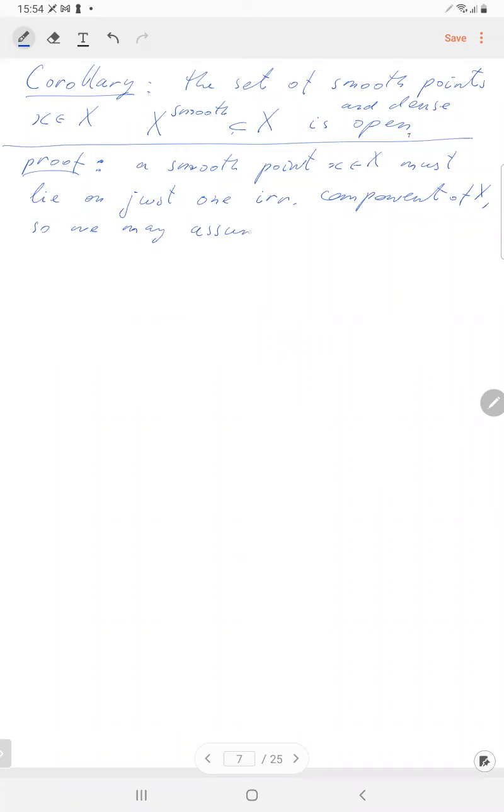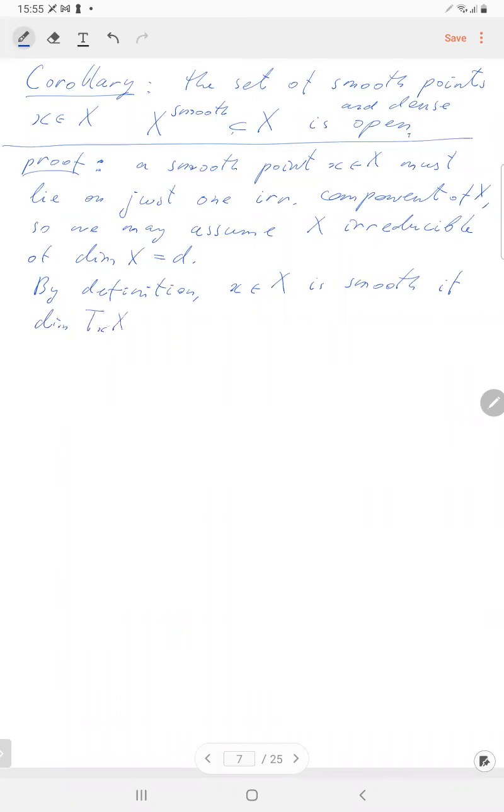So we may assume X irreducible of dimension, say, d, and then by definition X is smooth if the dimension of the Zariski tangent space, that is the same as the dimension of the Zariski cotangent space, is the same as the dimension of the ambient variety X, that is d.